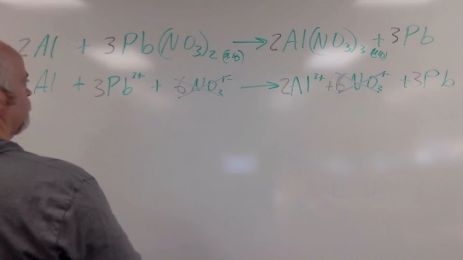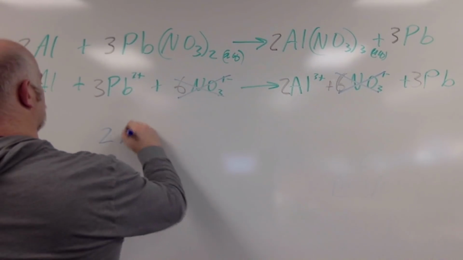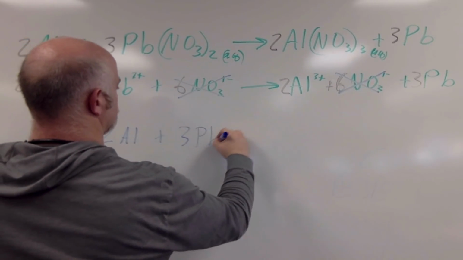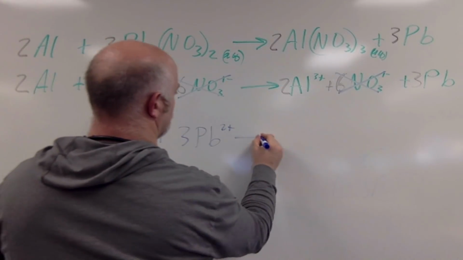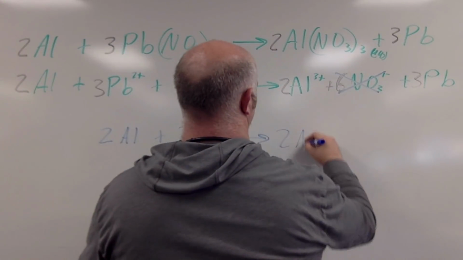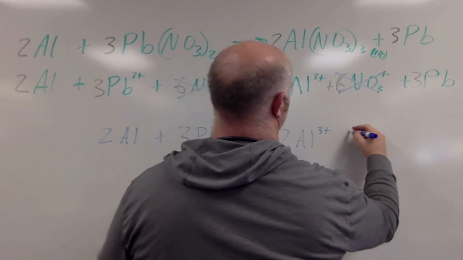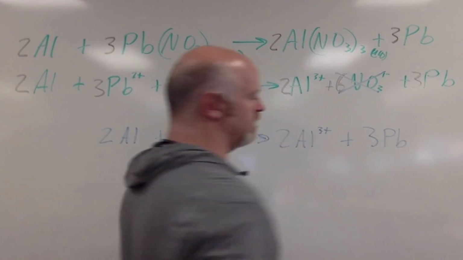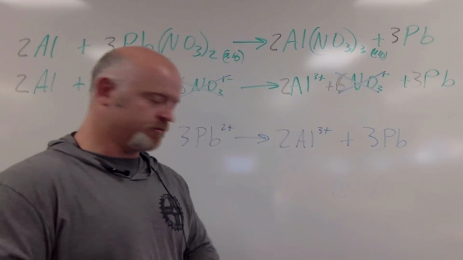Which means what we really have is 2 aluminums reacting with 3 leads, and we're making 2 aluminum ions and 3 lead atoms, neutral, okay?